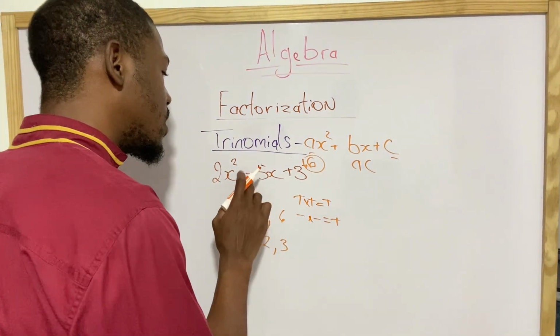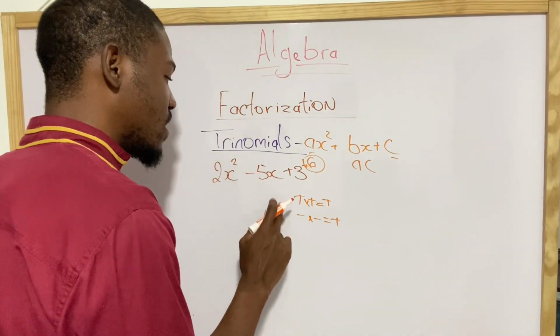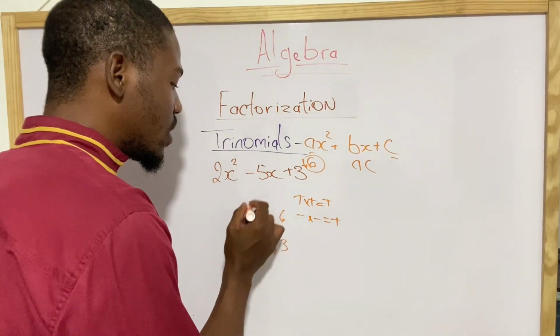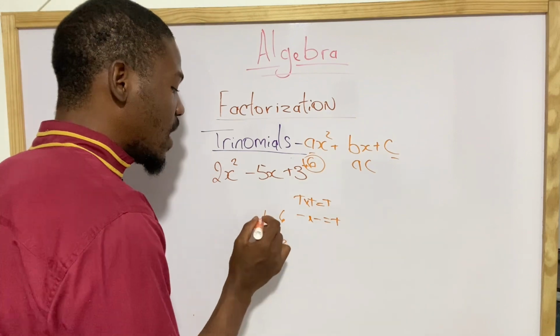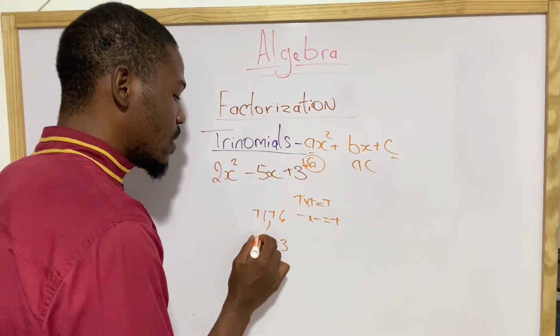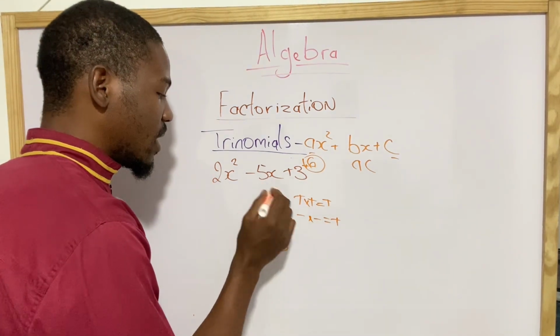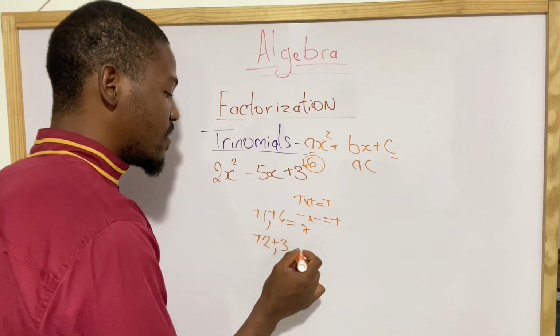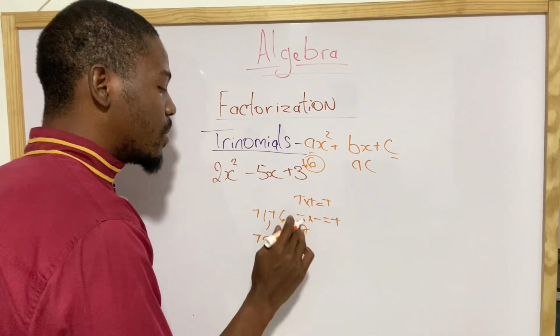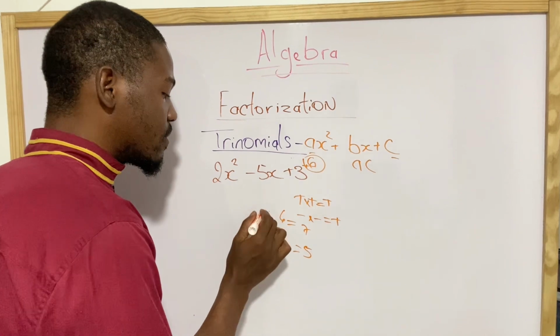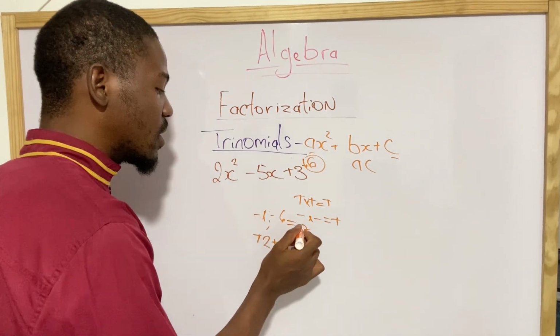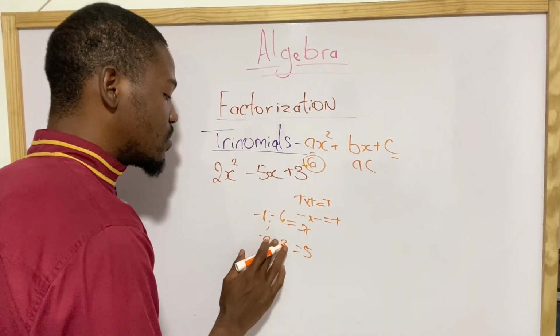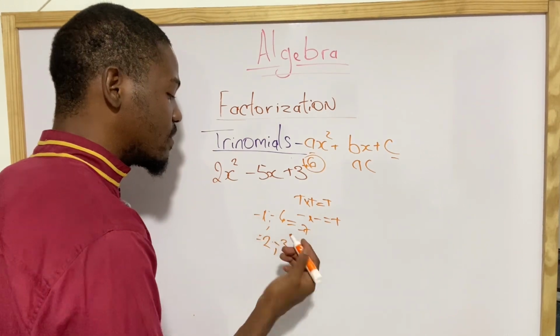Now, if you look here, we have a negative 5x. In looking at our factors here, if both were positive, we cannot get back negative 5. This would give me 7 and this would give me 5. But if both are negative, this would give me negative 7 and this one would give me negative 5.